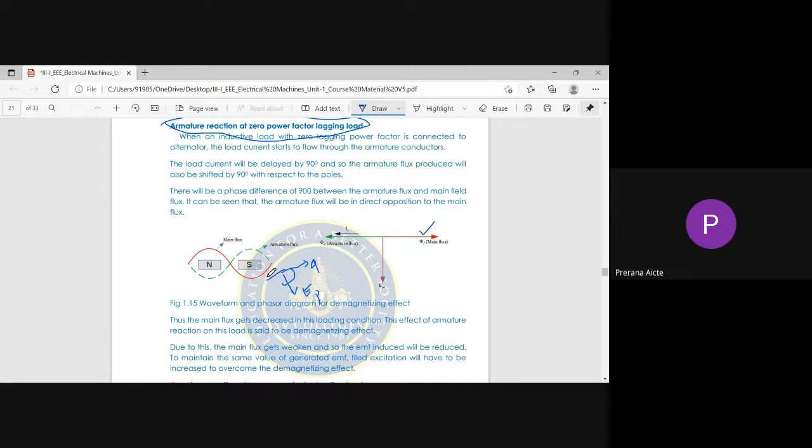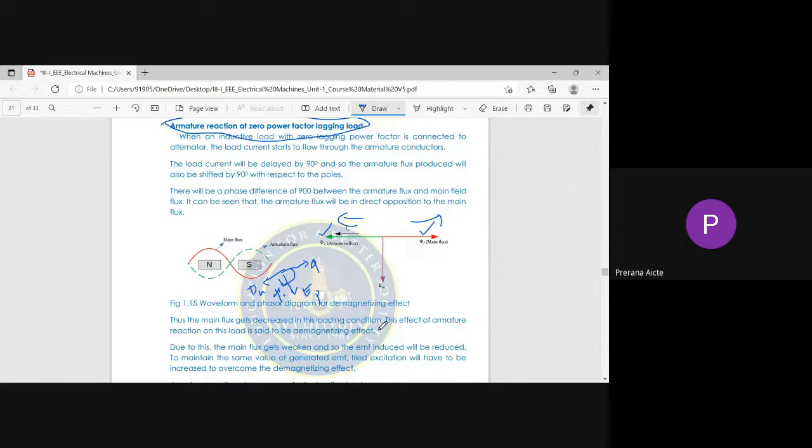Because of the pure inductive nature, it lags the E voltage by 90 degrees again. So the phi A flux and the main field flux are in opposite directions. This one is in this direction, and here it is in the opposite direction. Because of the opposite directions, a demagnetization effect takes place in the alternator.